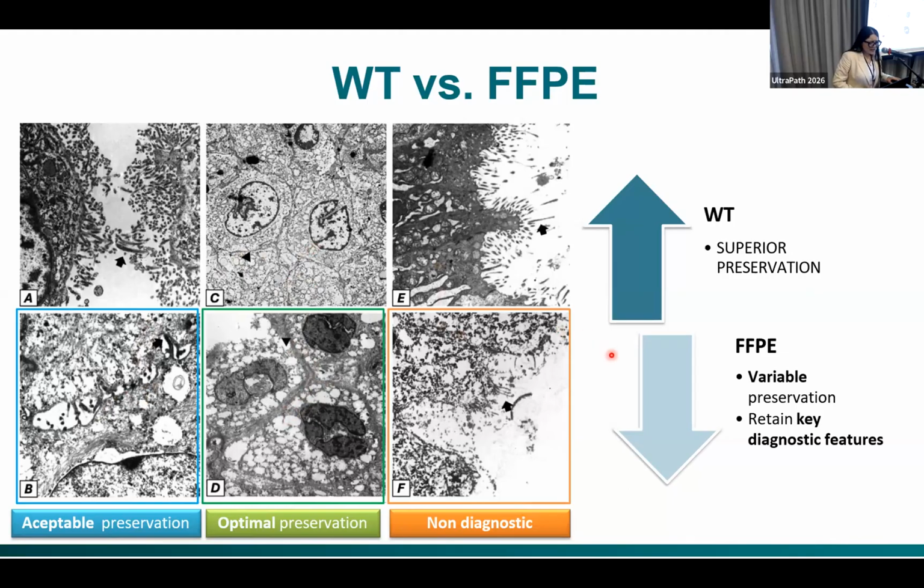The least frequent finding was this one, a serous ovarian cystadenoma, where we can observe that all the surface structures and the cytoplasmic nucleus are well preserved. But for the FFPE, practically all the tissue is destroyed.